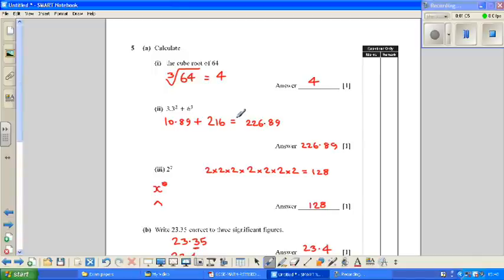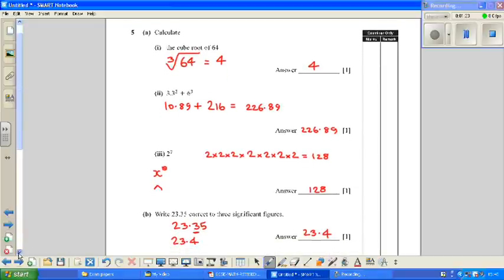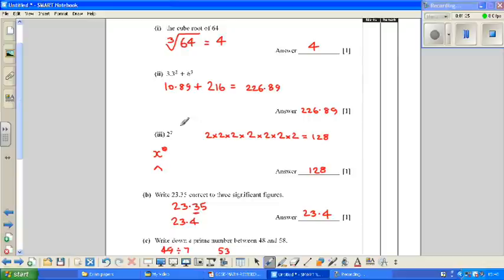It'll probably have x to the power of 3 or x cubed on it. Again, you can key the number 6 in, press that key, or you can just do 6 times 6 times 6, get your answer 216, and then when you add those together you get 226.89.